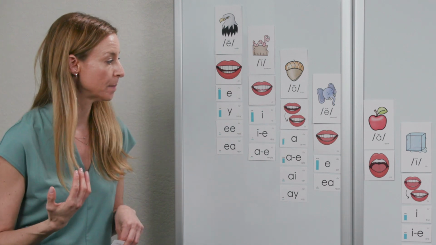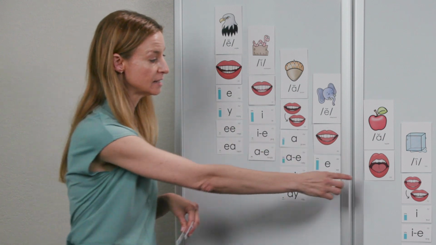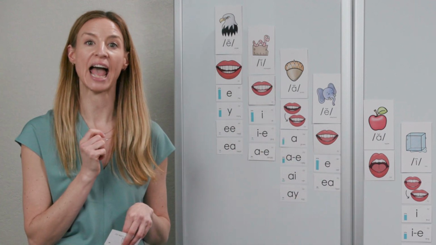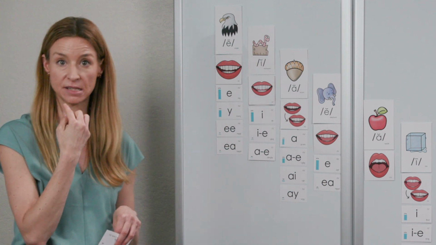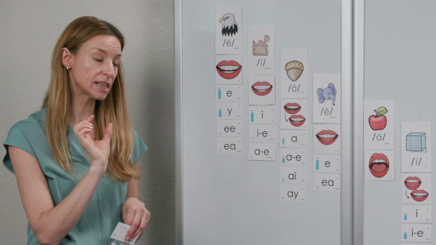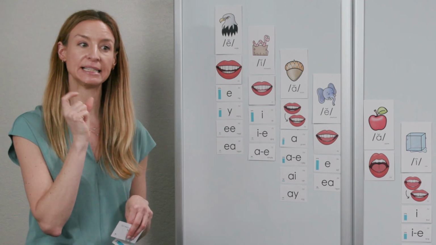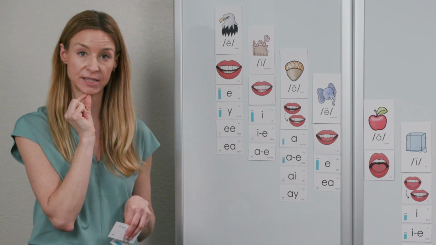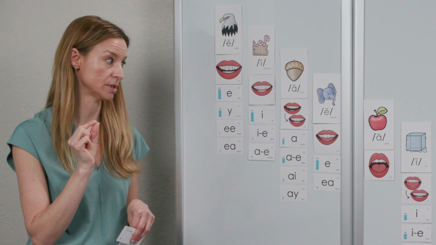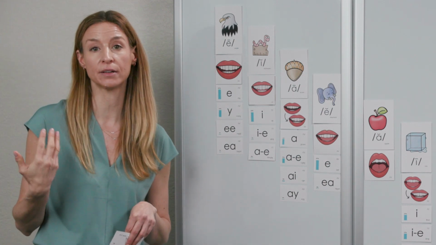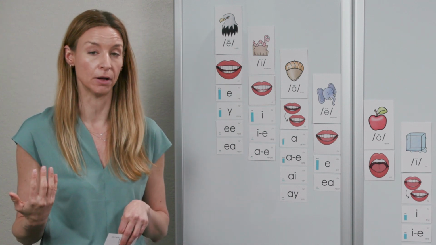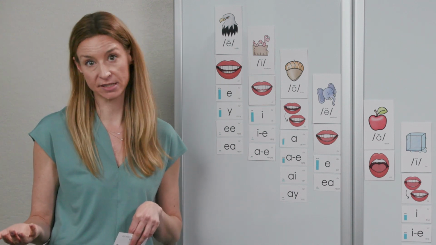So an example might be having students notice the mouth articulation of ah. And notice the way that their mouth is forming, notice the position of the tongue, where their teeth are, really have them identify exactly how the mouth is positioned for the ah sound. Then you might have them start listening to where do you hear the ah sound in the word apple. For apple, it's the first sound in the word.